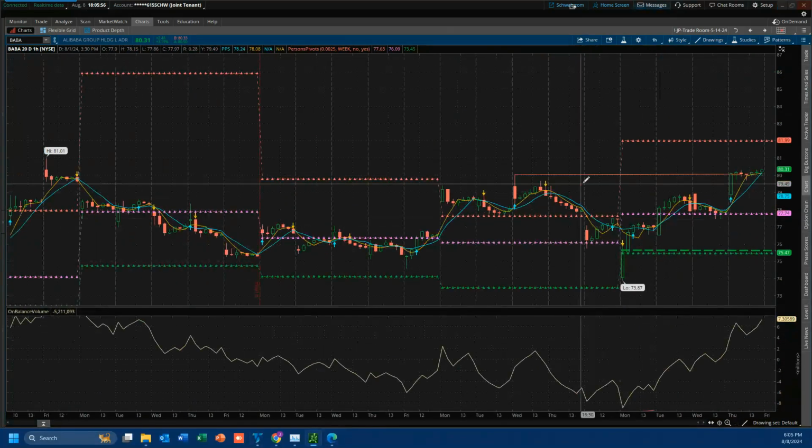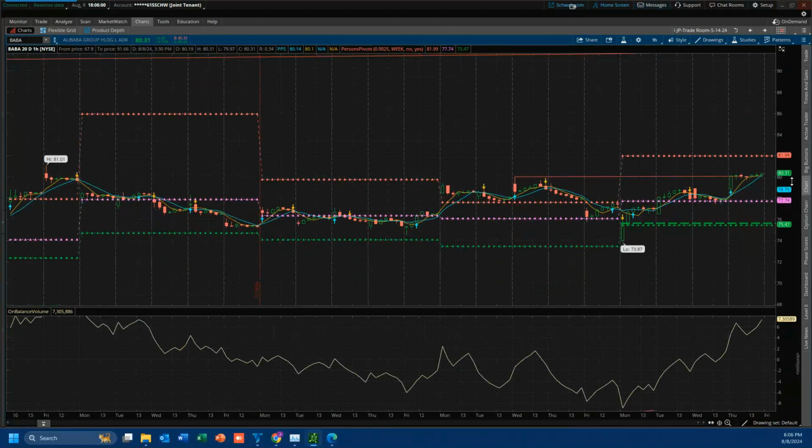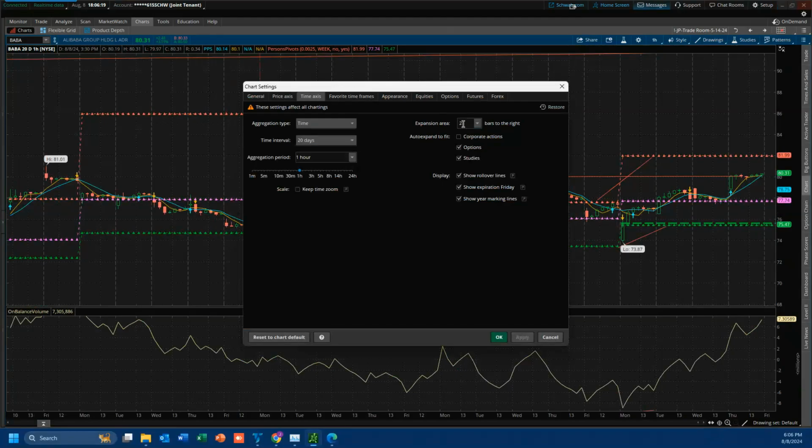Funny thing about Alibaba, we closed greater than a little swing high, but look at Alibaba's interesting setup. Despite the fact that we opened lower and traded higher, Person's Pivots was giving a bullish bias. These dashed lines, I don't draw in. This is drawn in by Thinkorswim, the back end of the program, using my formulas.